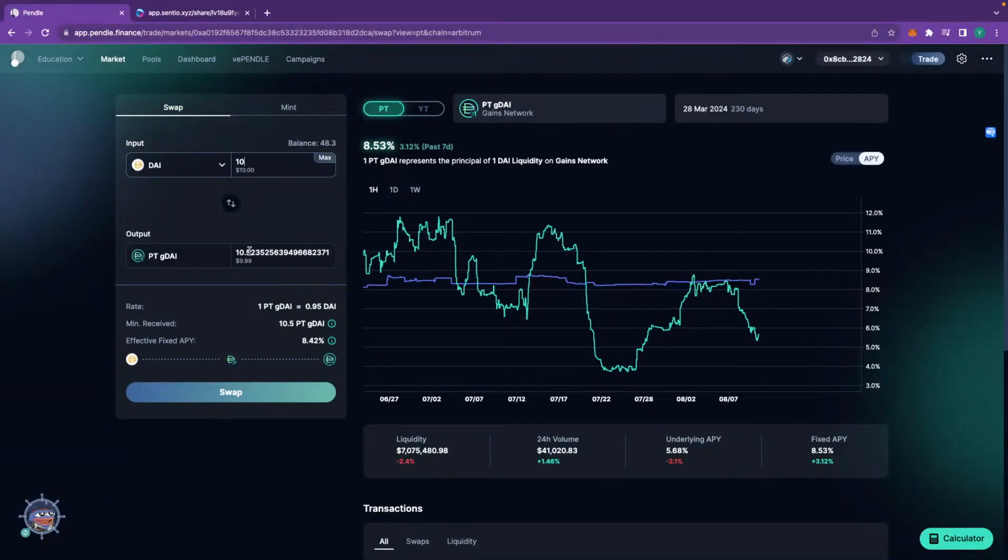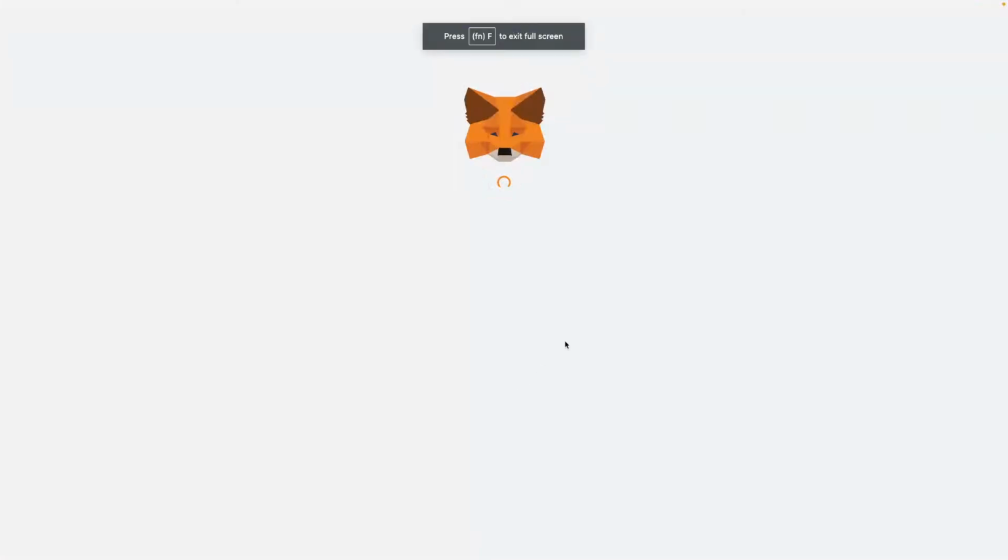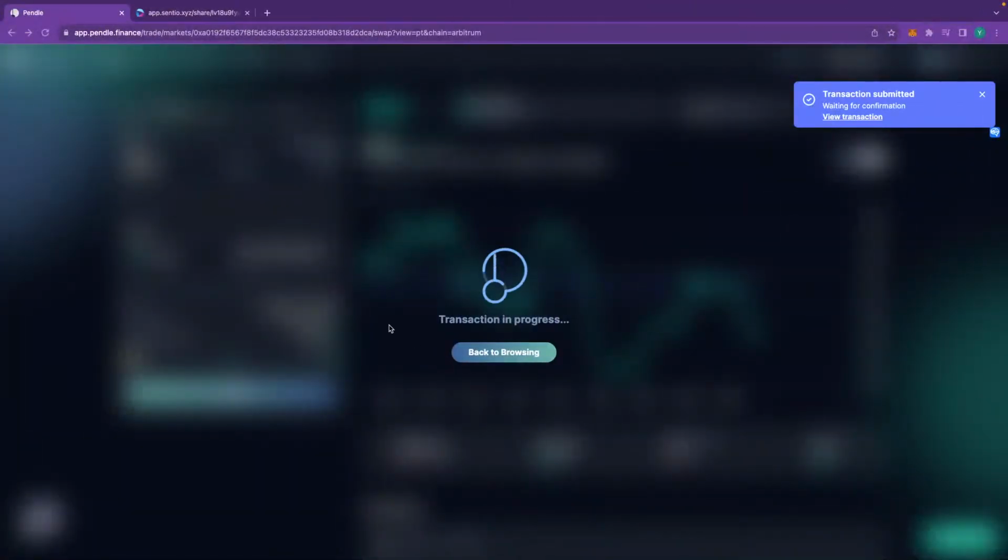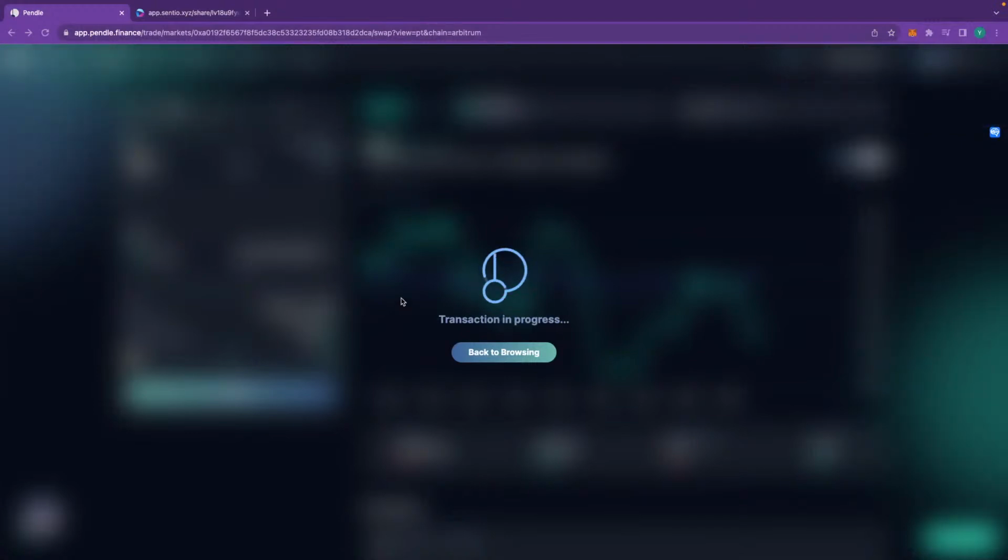Essentially, this is giving me a fixed return of 0.52 DAI, which is equivalent to 8.2% fixed yield, right? So I can just go ahead and buy the PT. And that's how I enter into a fixed yield position.